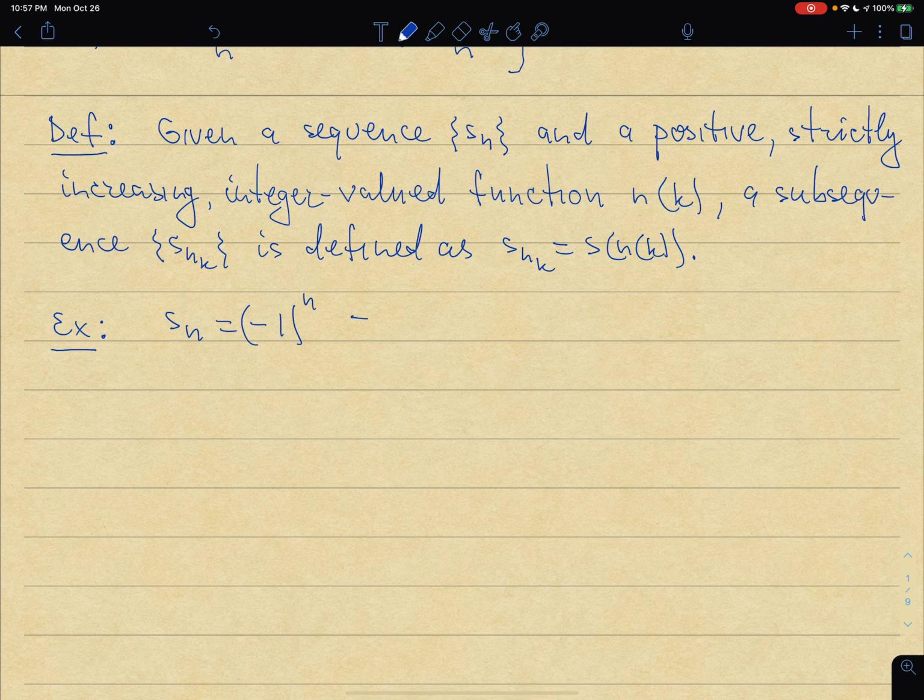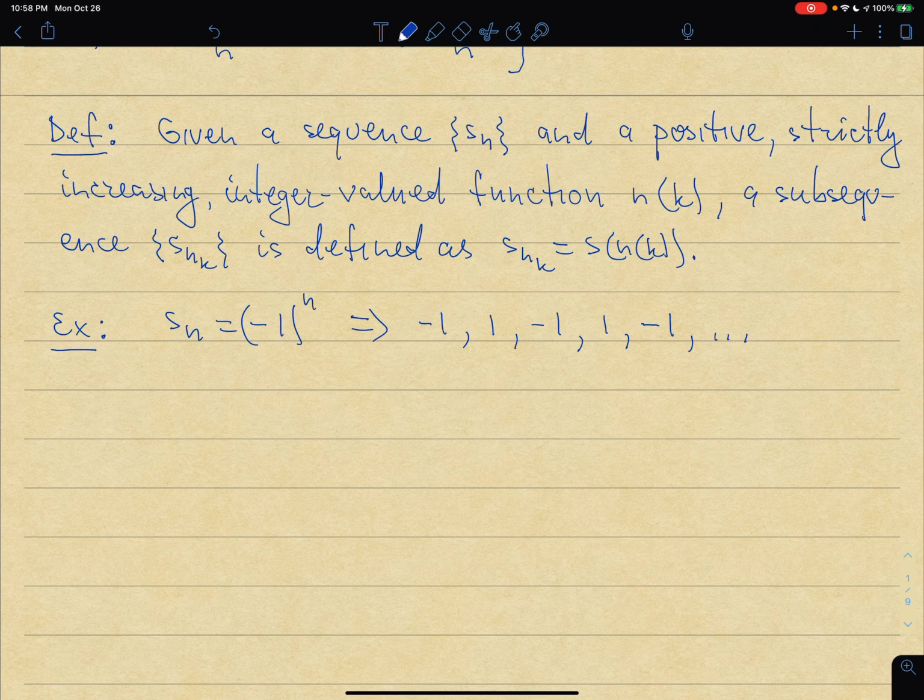Then S_n will have this form: minus 1 to the power 1, that's minus 1, then minus 1 squared, that's 1, then minus 1 cubed, minus 1. And just like we discussed before, a sequence like that will simply consist of alternating 1s and minus 1s.